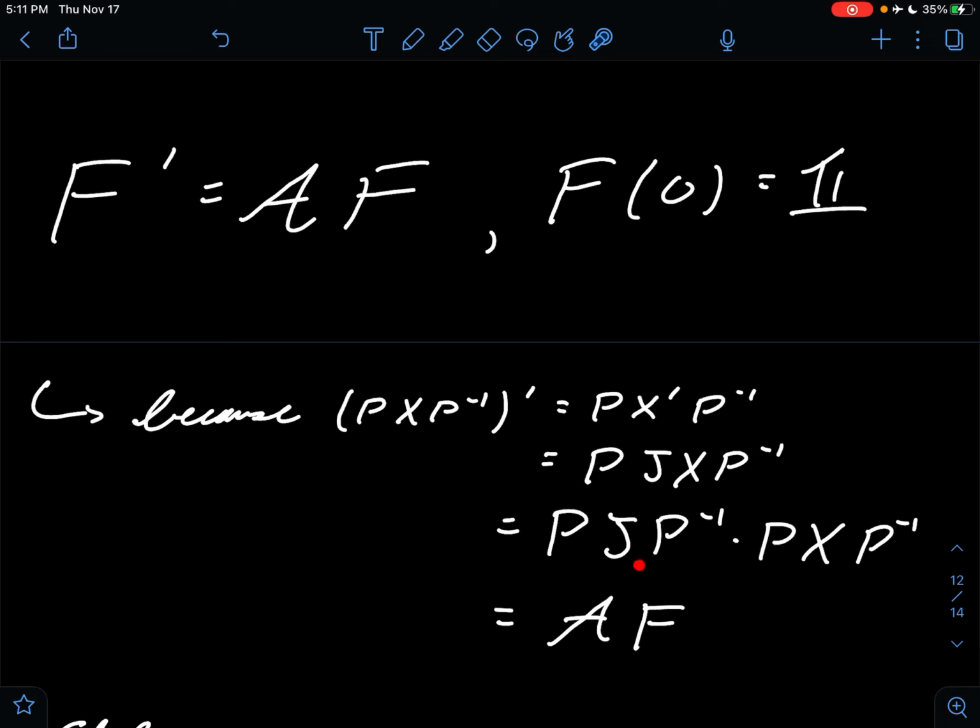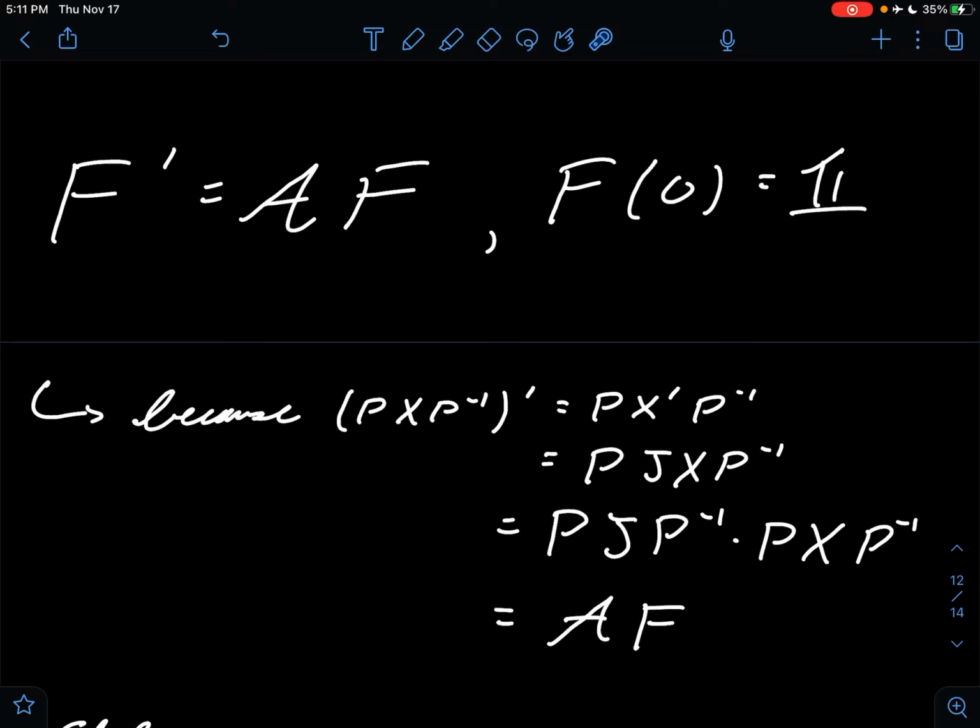Now what we can do is insert P inverse times P. This is just equal to the identity, so we can just insert this in this section. Then, matrix multiplication is associative, so we can separate out this from this. And this is equal to our original F on the left, and this is equal to A, actually. So this is AF. So what do you know? We took the derivative, and we got F prime equals AF.